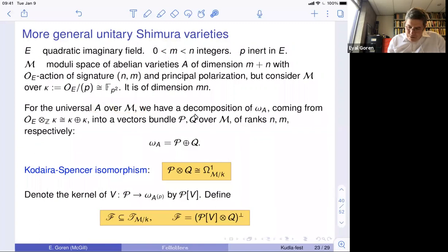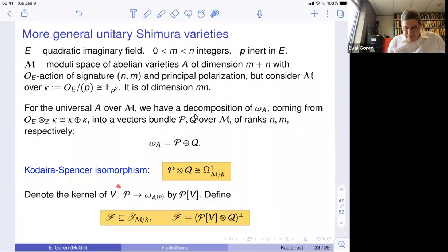And once more, the relative cotangent bundle of the origin of this universal abelian variety decomposes because of the action of E into two pieces that are vector bundles of rank n and m respectively. Okay, so P and Q, and once more we have Kodaira-Spencer.